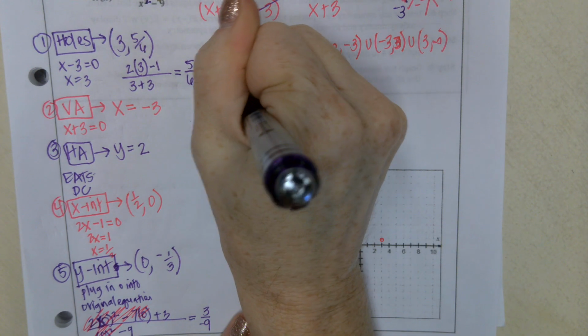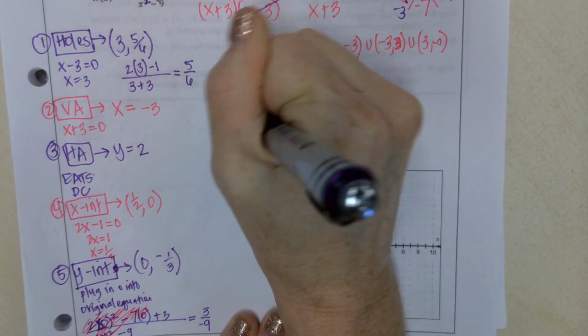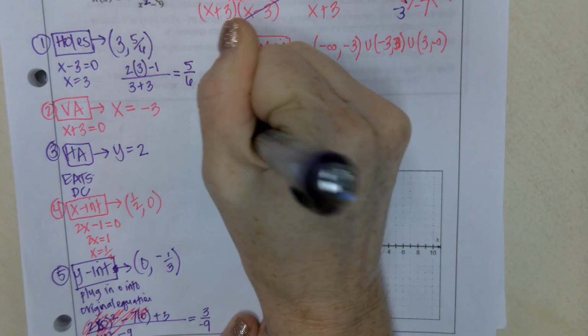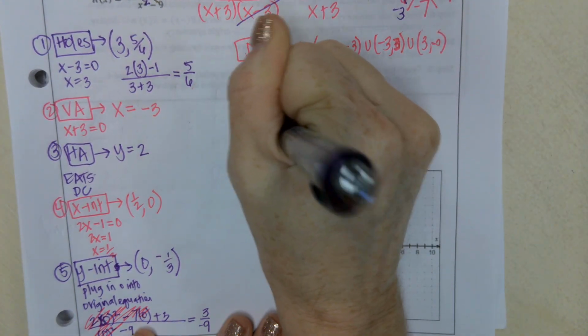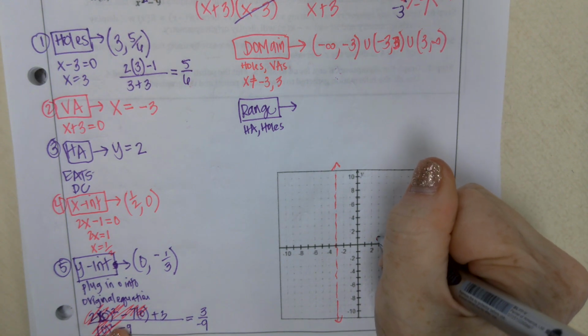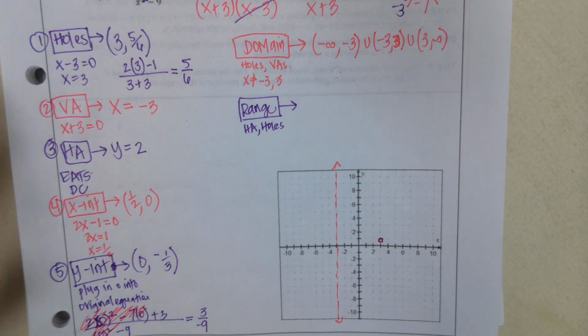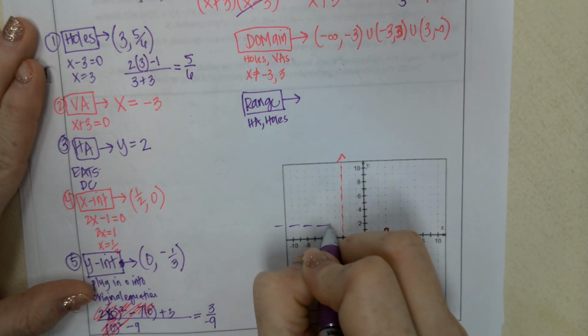What did we say affects the range? Horizontal asymptotes and holes. I already have the hole graphed, but the horizontal asymptote crossed the y-axis at 2.